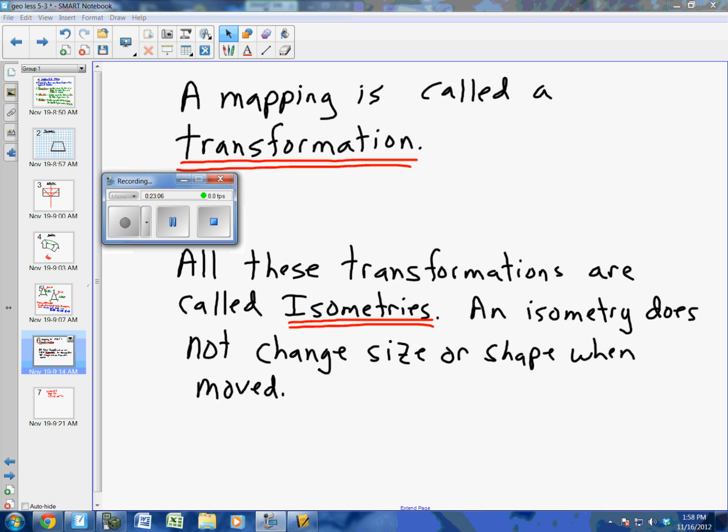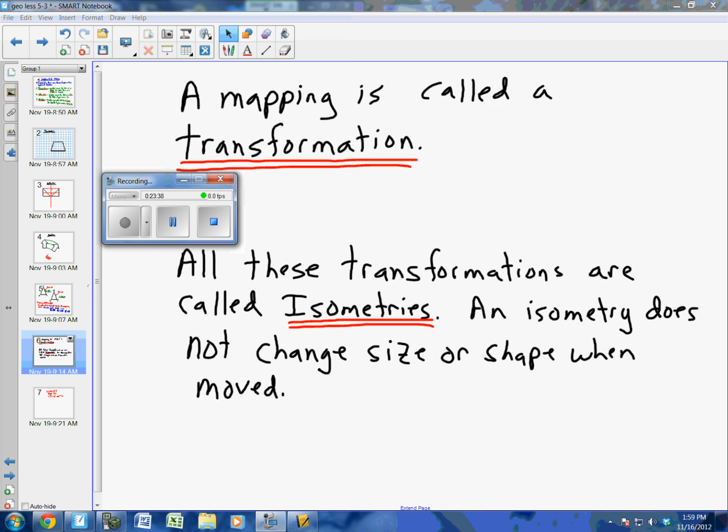What are some things that are not isometries that move? Jello. Huh? Water? Water definitely, yeah, good. That's a good one. What else? Snow? Yeah, you could change the shape of snow. Okay. How about a balloon when you blow it up? There's another one. Okay, you guys had some good ones right there.